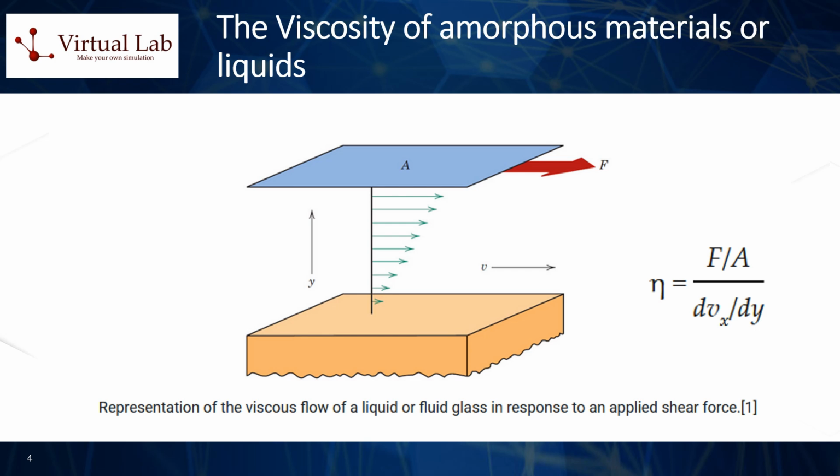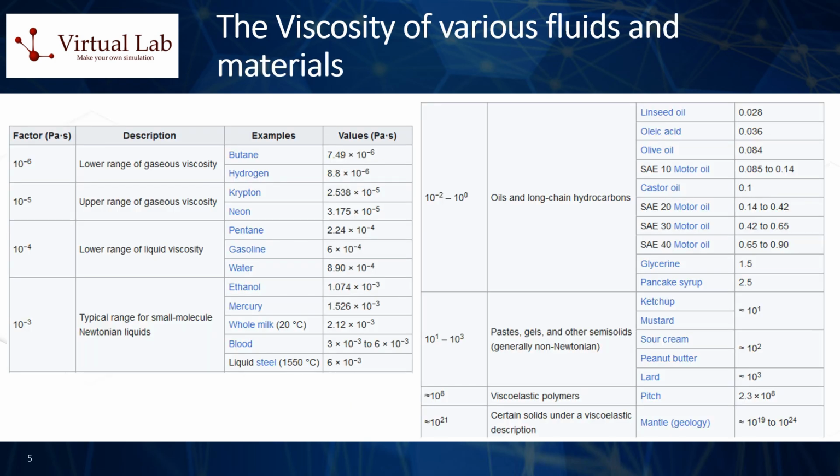Typically, liquids have much lower viscosities than the amorphous materials for which viscous flow is relevant, such as glasses. For example, the viscosity of water at room temperature is only around 10^-3 Pascal seconds, whereas for solid glass the value at an equivalent temperature can have an order of magnitude as high as 10^16 Pascal seconds, due to their strong interatomic bonding.